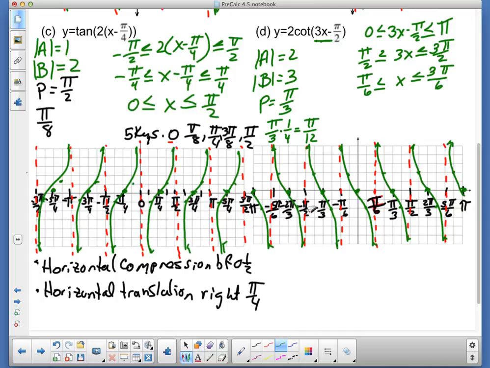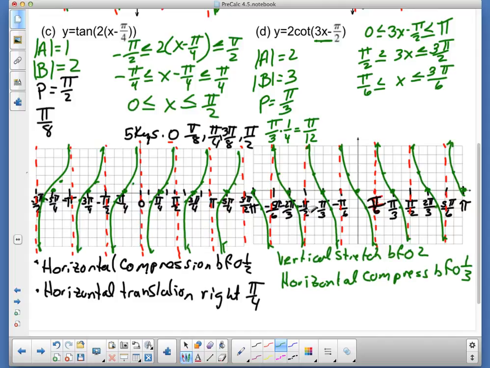Now, keep in mind, I have a vertical stretch by a factor of 2. I've got a horizontal compression by a factor of 1/3.